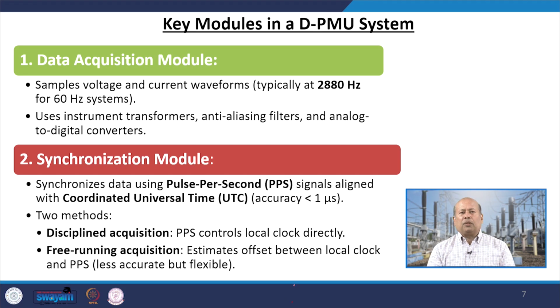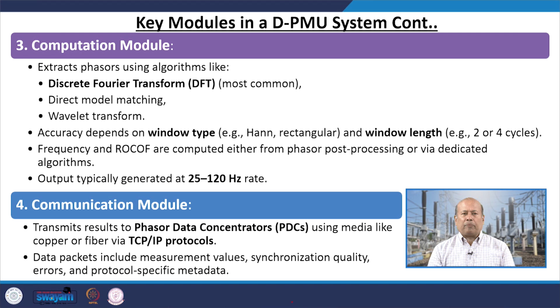Then we have a synchronization model in which it synchronizes data using pulse per second, PPS, signals aligned with coordinated universal time, UTC, with accuracy less than or equal to 1 microsecond. There are two major methods: disciplined acquisition, where the PPS controls the local clock directly; and free running acquisition, which estimates the offset between local clock and PPS, less accurate but flexible.